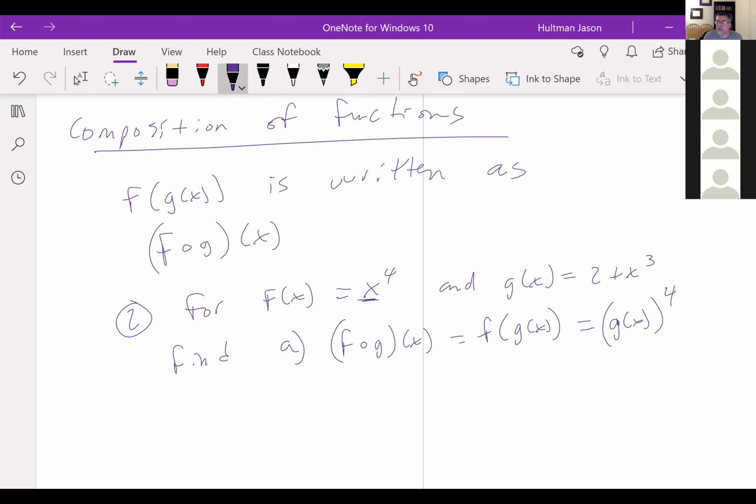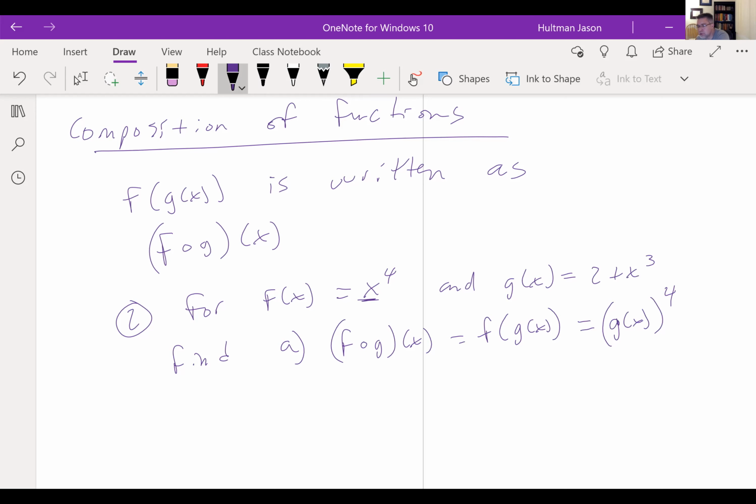Why is that? Because f was x to the 4th power, and I'm just replacing x with g of x. Okay, but what was g of x? Well, wasn't that 2 plus x cubed? So this thing, f of g of x, is equal to that.